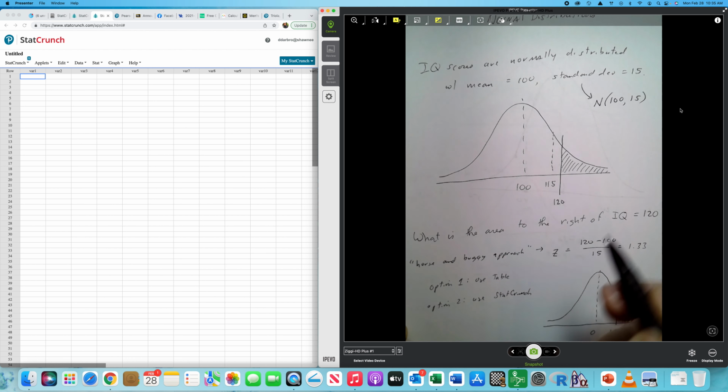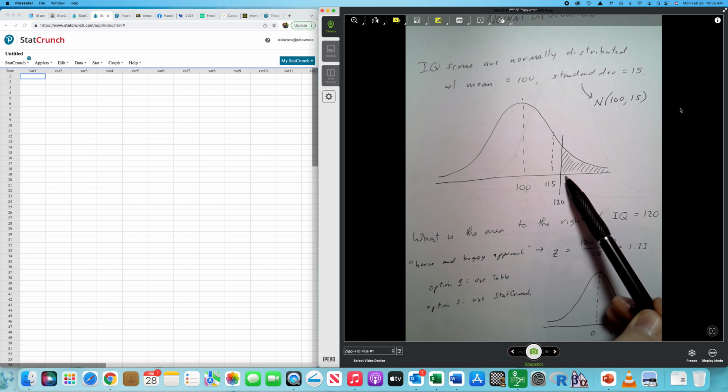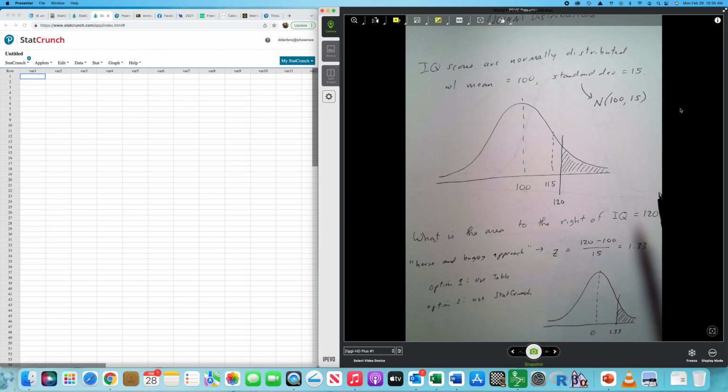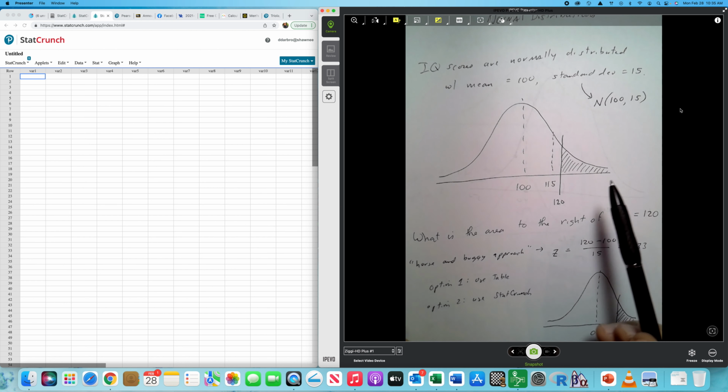And again, from the previous video, we determined that the area is also equivalent to the probability. So saying what is the area to the right of 120 is equivalent to saying what is the probability of selecting someone at random and them having an IQ higher than 120. I want that to sink in, the importance of that. The two questions are equivalent.